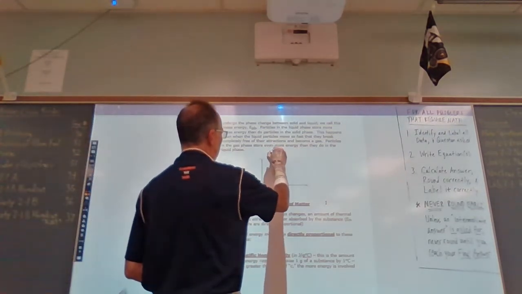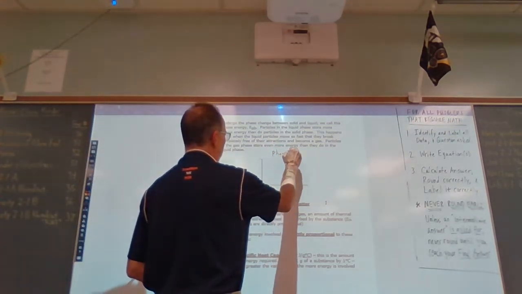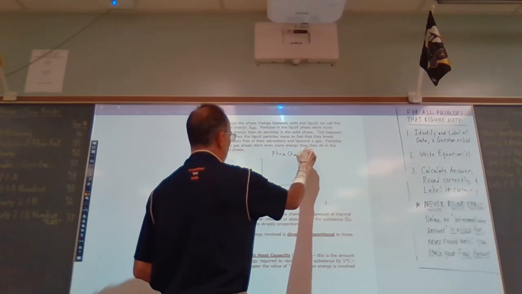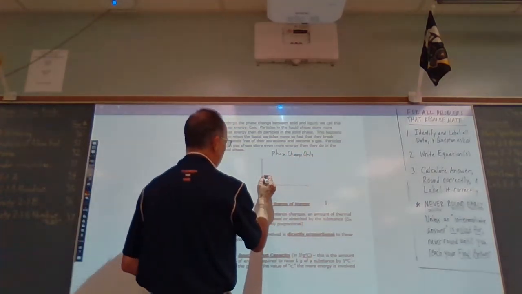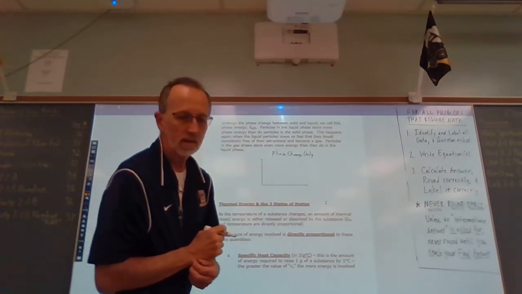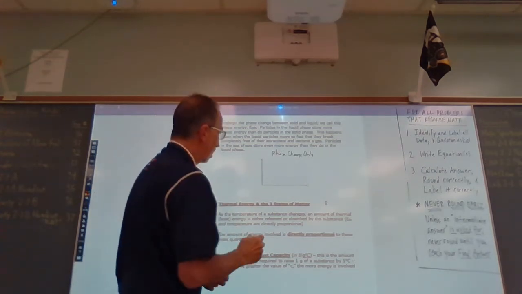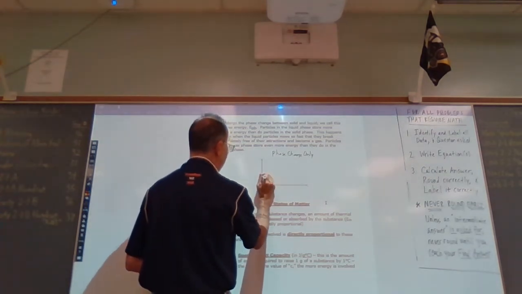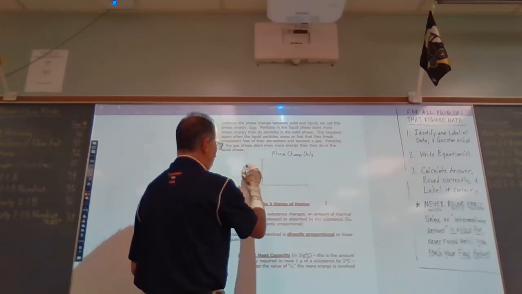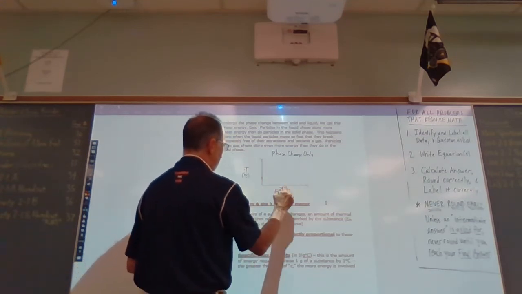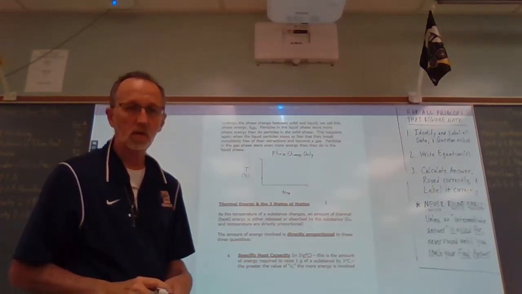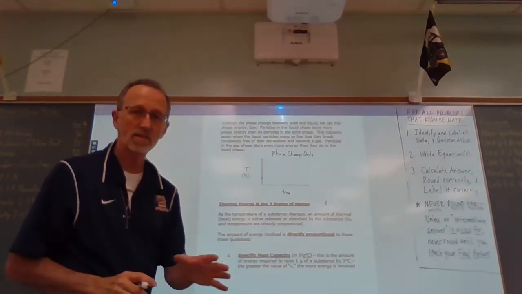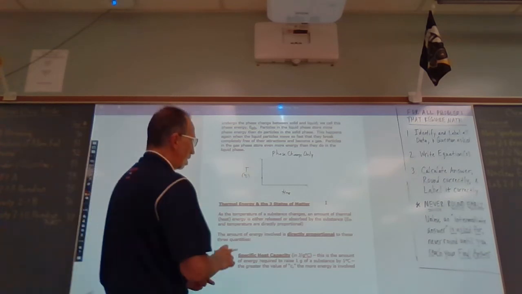So this is a little diagram of phase change only. Let's say we're talking about water. So this is T in Celsius, this is time. Let's say we're talking about going from ice to liquid water.